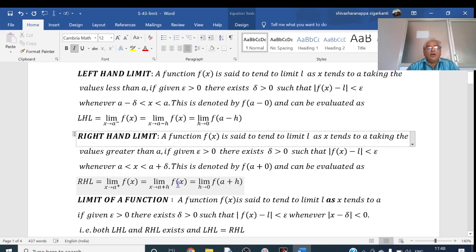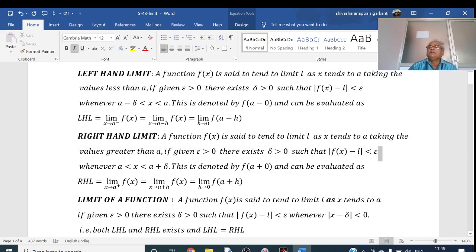Or we write x tends to A plus h, or we write this as f of A plus h where h tends to 0. So h is a positive quantity tending to 0. To find the right hand limit RHL, what we need to do is just replace x by A plus h and take the limit as h tends to 0.